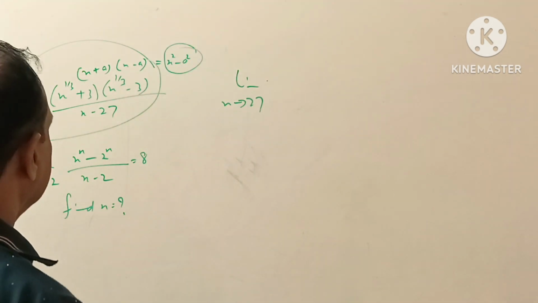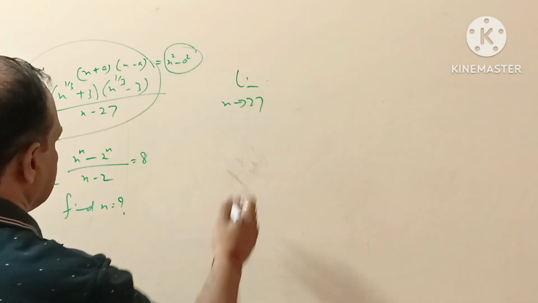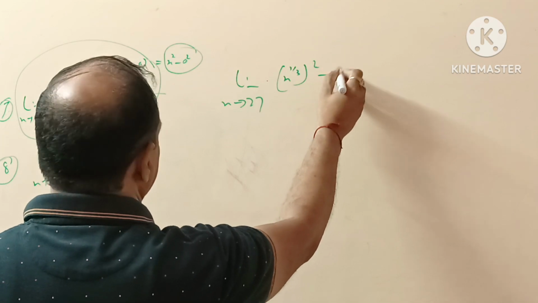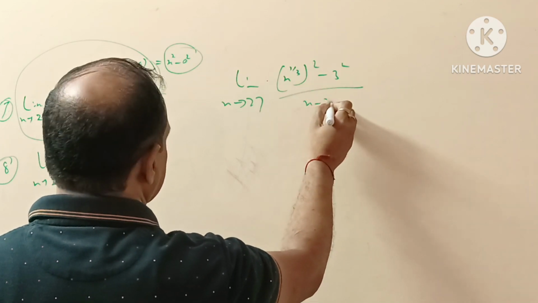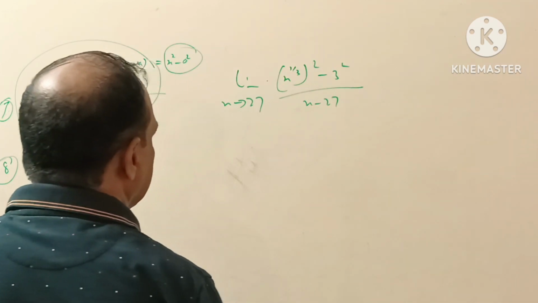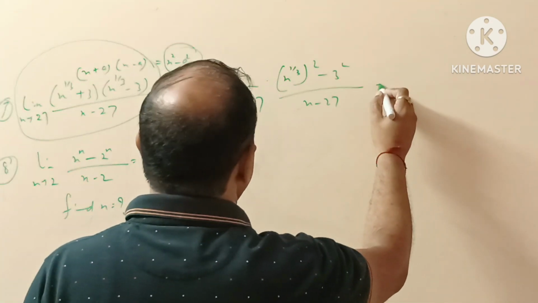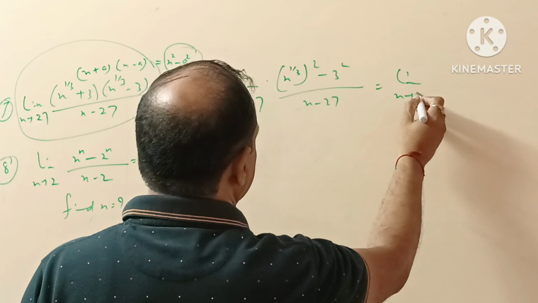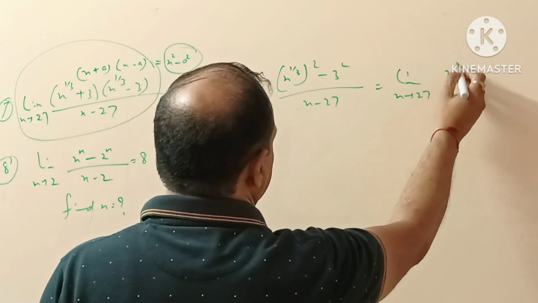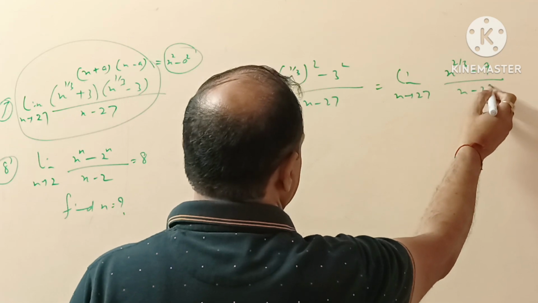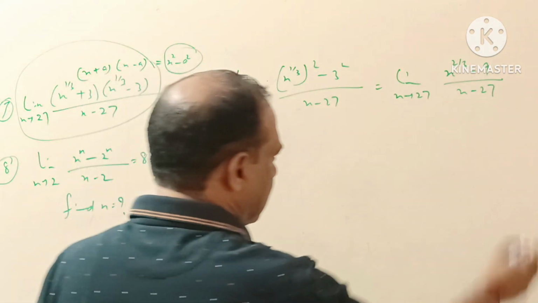Now in this case I will be having (x raised to power 1 over 3) square minus 3 square over x minus 27. Furthermore, it can be rewritten as, this is of no use, but if you want to write it, you can write it as limit x tends to 27 of x raised to power 2 over 3 minus 9 over x minus 27. And this is our question.